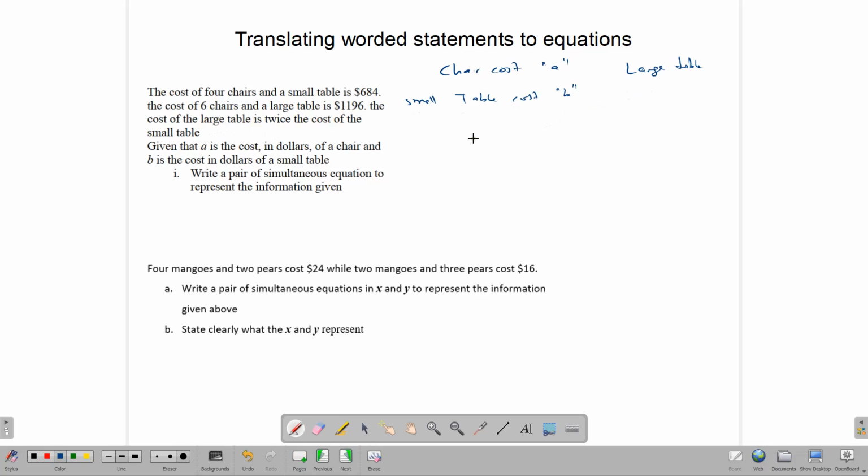So let's write our first equation. The cost of 4 chairs and a small table. Let me restate that. The cost of 4 chairs, that's 4A, and a small table is 684.